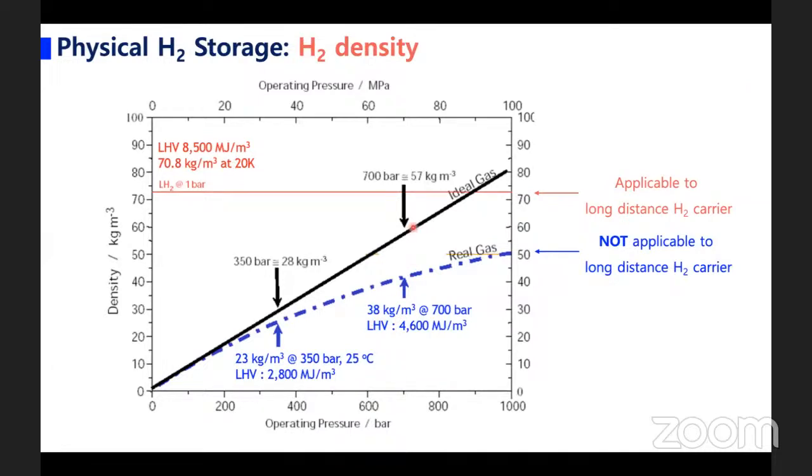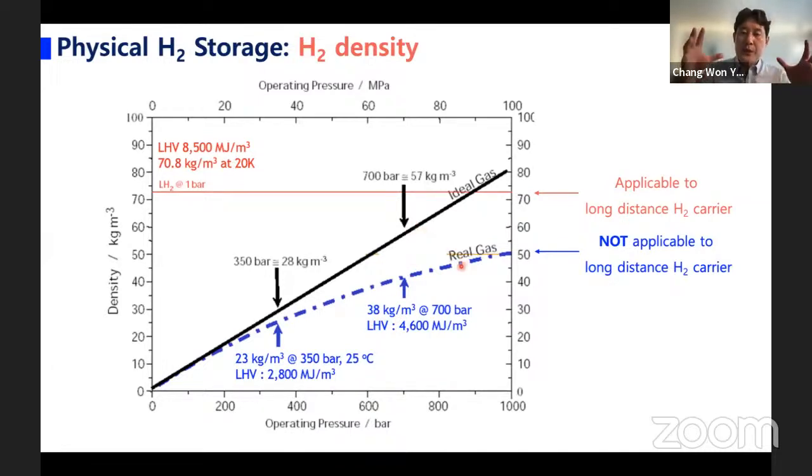Realistically, if you pressurize more, the distance between two or more hydrogen molecules becomes very small. That means the repulsion force becomes very important. Because of the repulsion, it's more difficult to pressurize. This is why we can't store more and more hydrogen in 1 cubic meter.